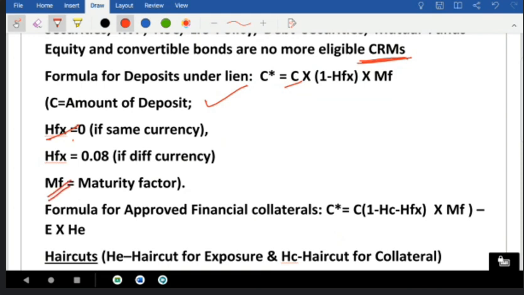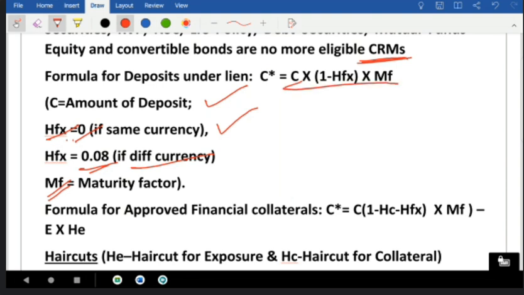HFX is 0 if the same currency is there, meaning rupee, that means advances and collateral both have the same currency. For a different currency, it is 0.08, like dollar and rupee. If your advance is in dollar but your collateral is in rupee, then you have to take 0.08 as HFX in this formula.